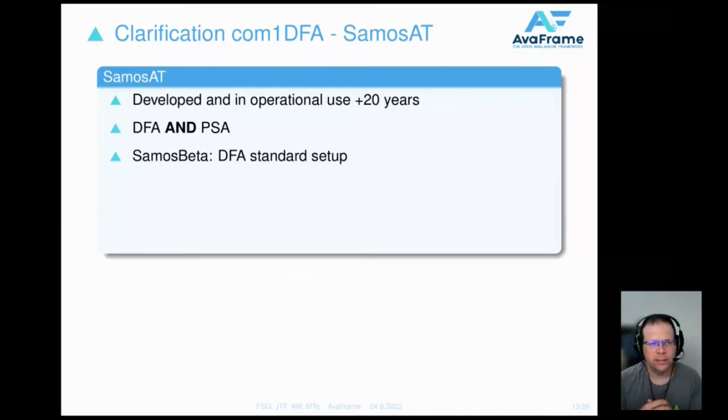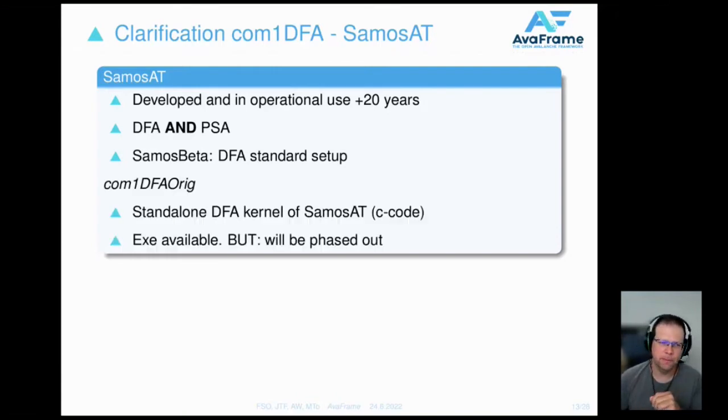SamosAT allows you to simulate dense flow avalanches and powder snow avalanches. And we spun off Samos Beta, I think 2 or 3 years ago, where you get a dense flow standard setup simulation. You can use this without any license requirements. But it was not open source. It was just free for you to use.